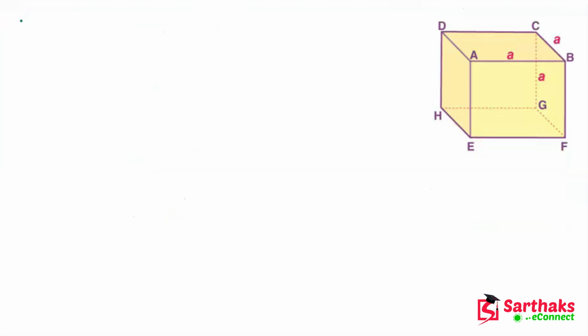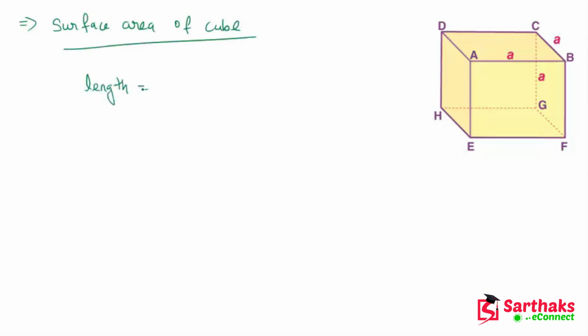Now let's talk about the surface area of a cube. We know that length is equal to breadth is equal to height, meaning all 3 dimensions are equal.